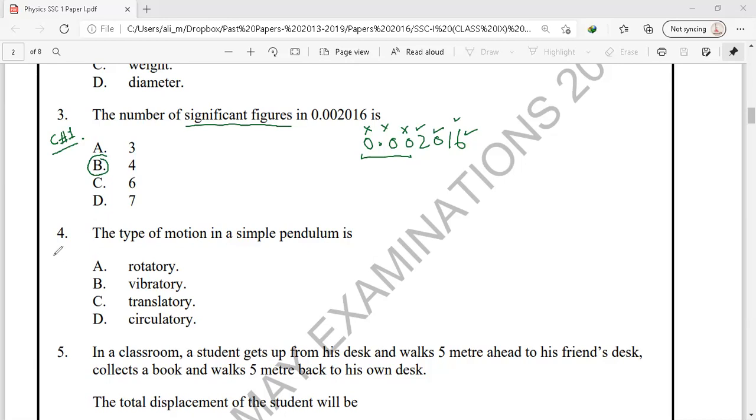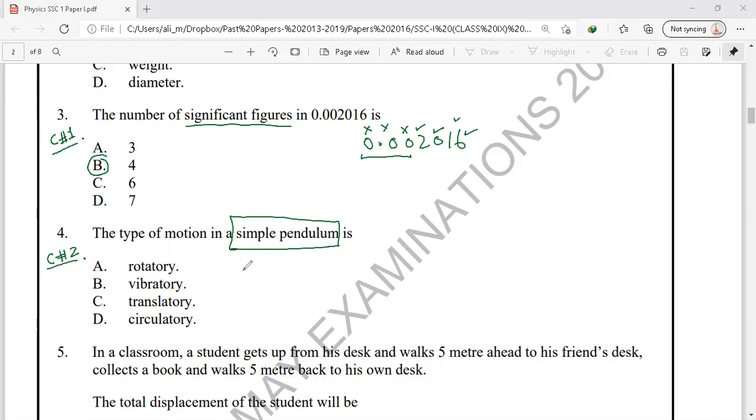Next, we have question number 4, and this question number 4 belongs to the chapter number 2, kinematics. The type of motion in a simple pendulum, we have to identify the type of motion, and we have already studied different types of motion with different examples from our daily life.